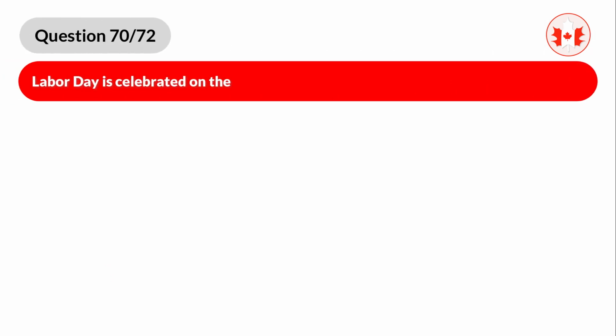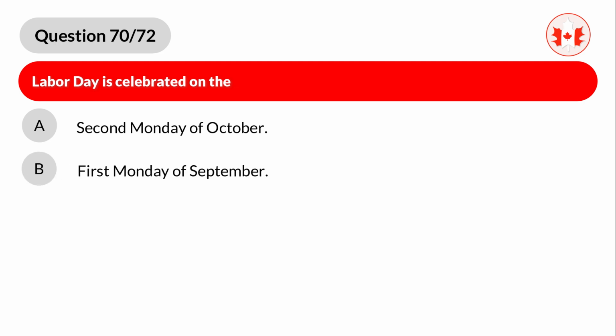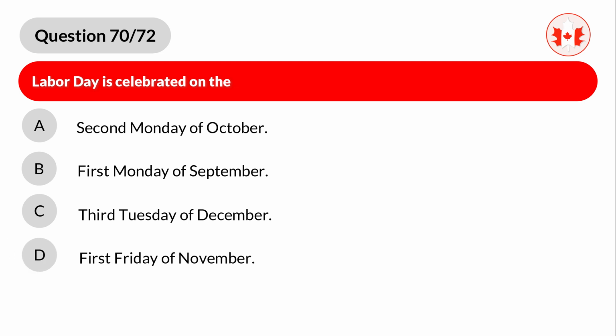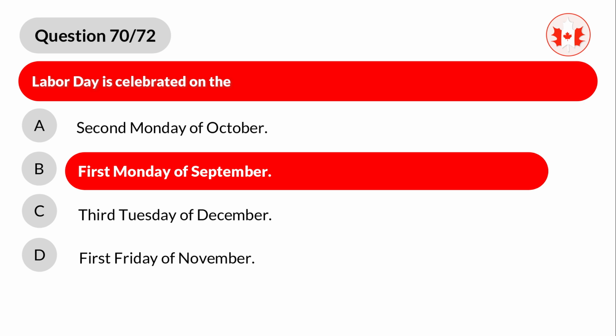Question 70. Labor Day is celebrated on the A. Second Monday of October. B. First Monday of September. C. Third Tuesday of December. D. First Friday of November. The correct answer is B. First Monday of September.